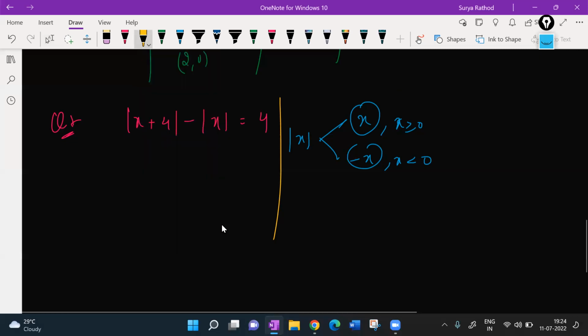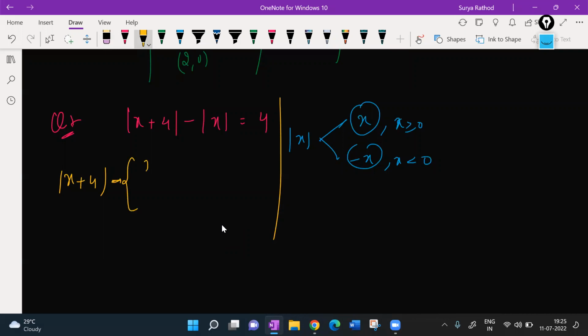Look, I'll give a hint. How is modulus of x plus 4 going to be defined? How is this function going to be defined? It is going to be positive when x plus 4 is greater than or equal to 0. All right. It is going to be negative when x plus 4 is less than 0.